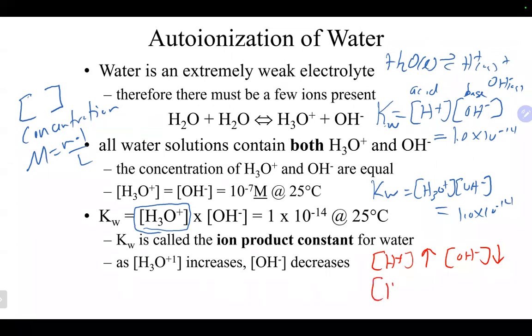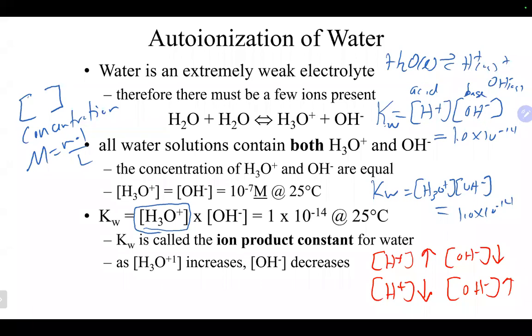If the H+ concentration drops, then the OH- concentration will come up. So in that case, you would have more OH- floating around that solution, which will make it more basic. If they equal each other, then they both have the same concentration in that solution.